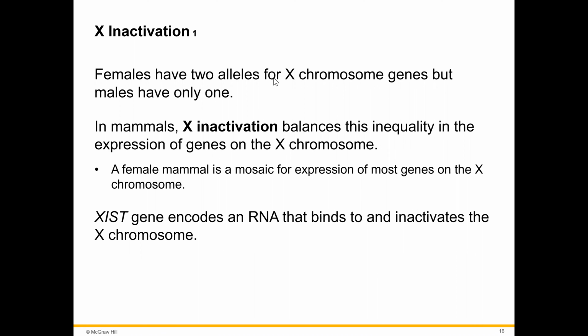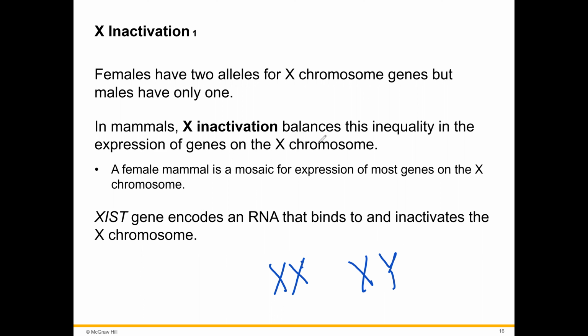X inactivation. Now we know that females have two X chromosomes and males have X and Y. How is it really possible for males to survive with only one X chromosome when females have two? It means there are important genes over here. And in a male, some of these alleles for a gene are missing.